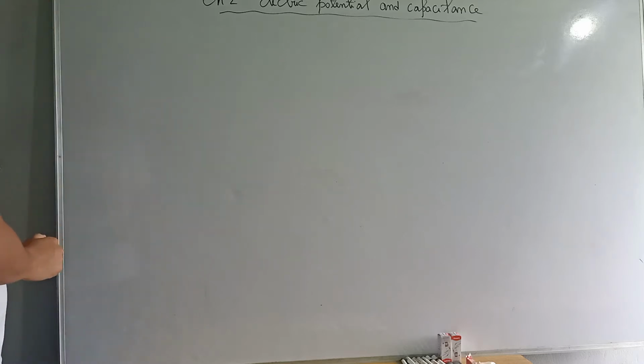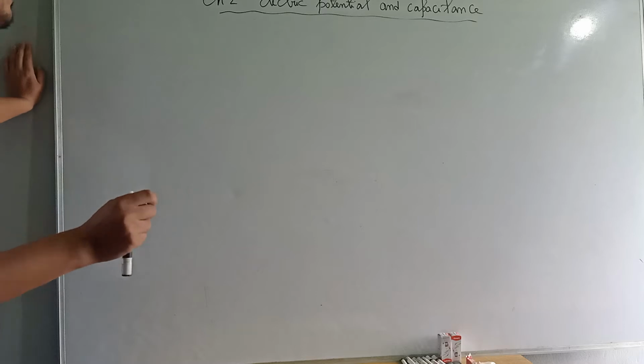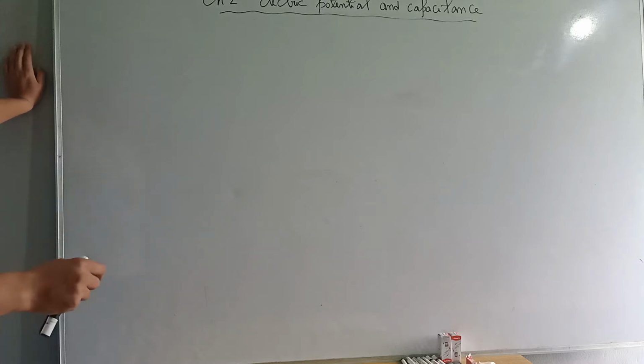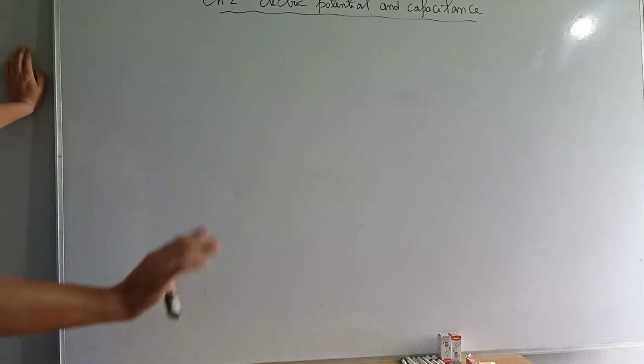So potential, when I say potential, in class 11 also you have studied so much about gravitational potential, in class 11 chapter 8. Actually the word potential is not properly defined in physics.